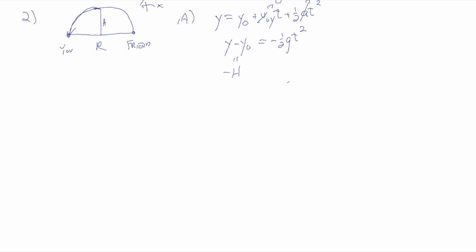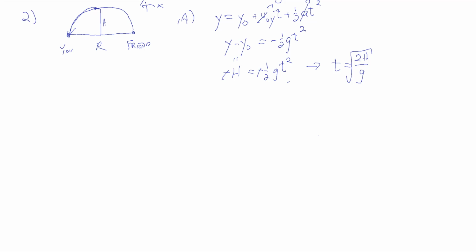Remember, y is where you end, y naught is where you start, so you end lower than you start. So we have minus h equals minus 1/2 g t squared, and that we can solve for the time. Time will be equal to, well, the negative signs will cancel, so we don't worry about those. Multiply both sides by 2 over g, so we have 2h over g for t squared, so we need to take the square root.